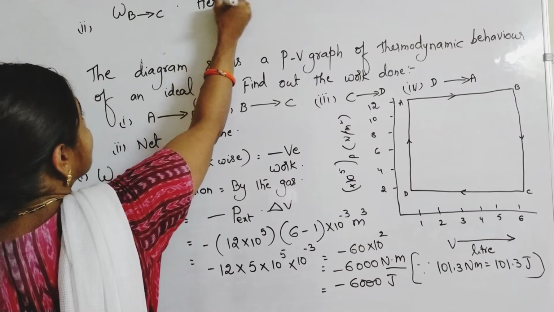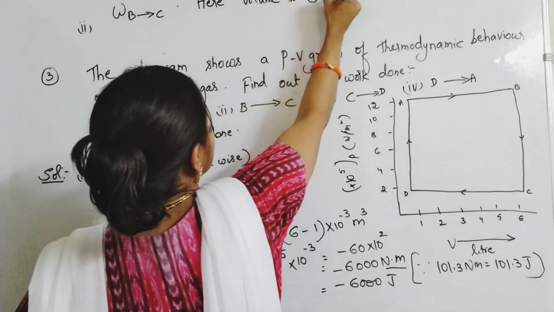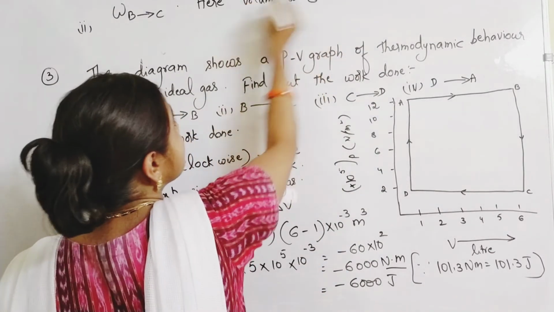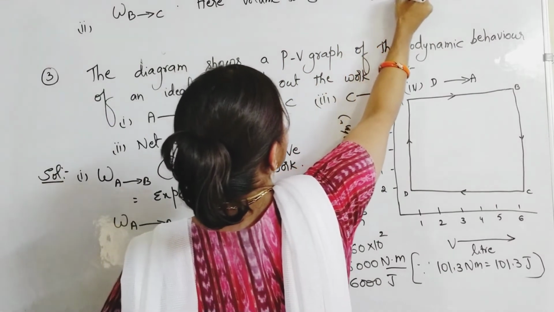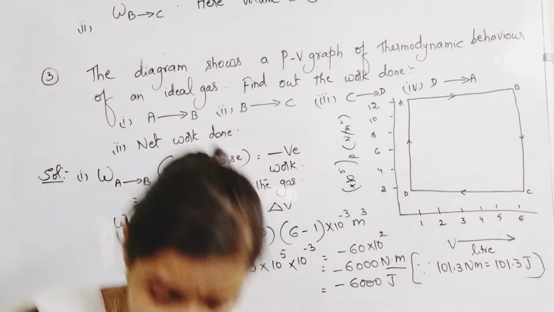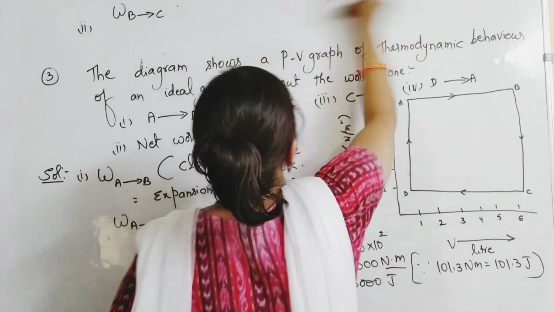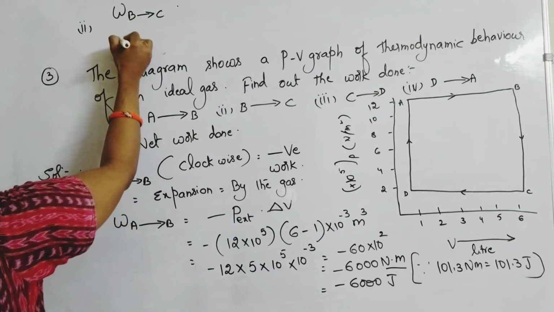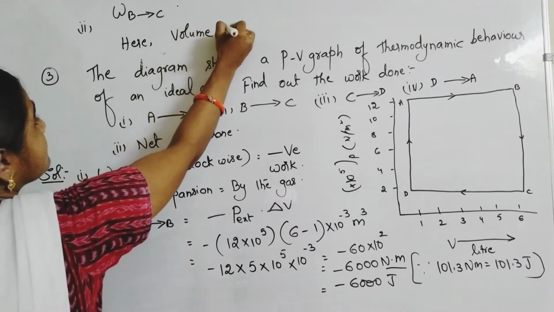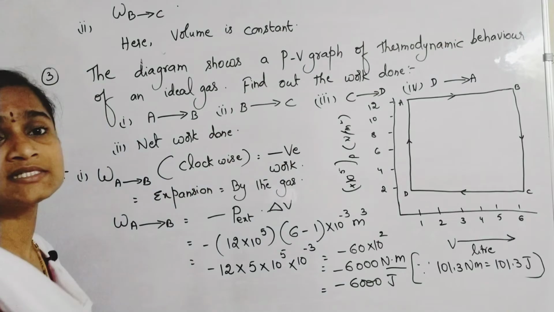Here volume is constant. Therefore, delta V is equal to 0. I'll write here: volume is constant.